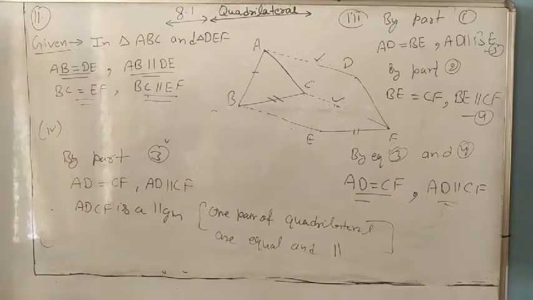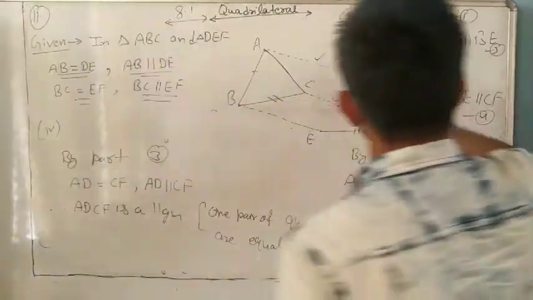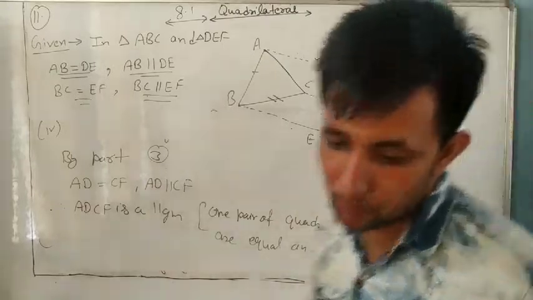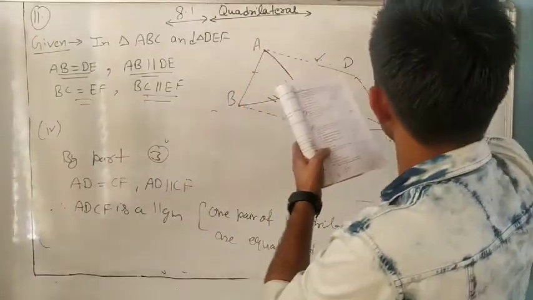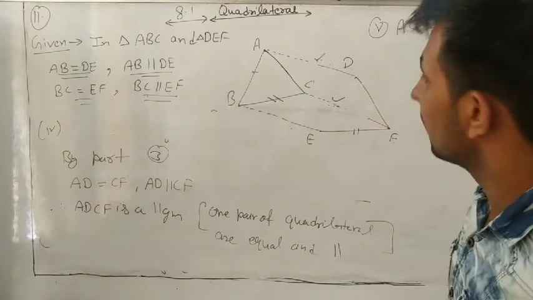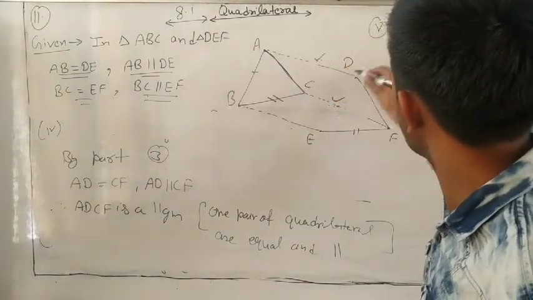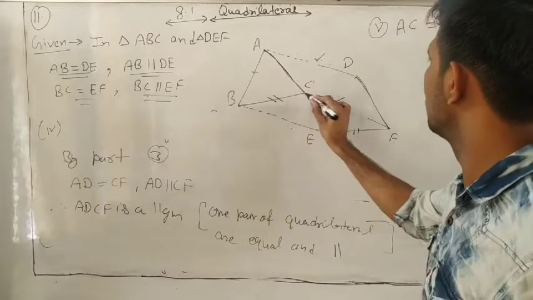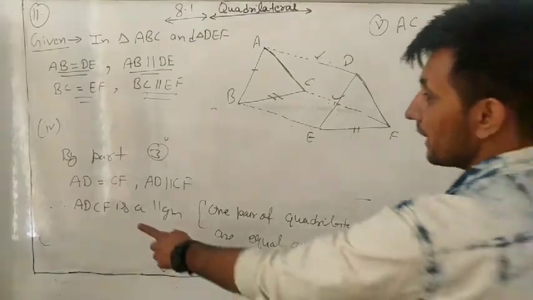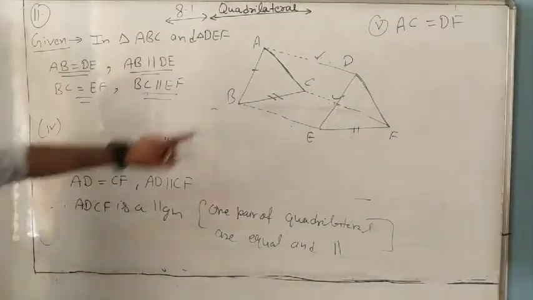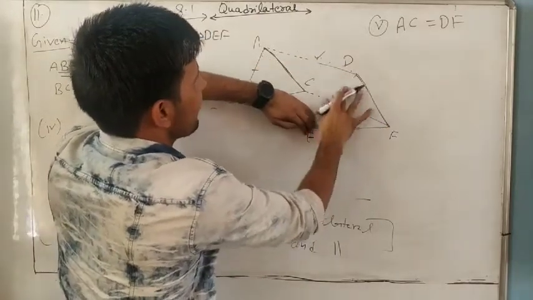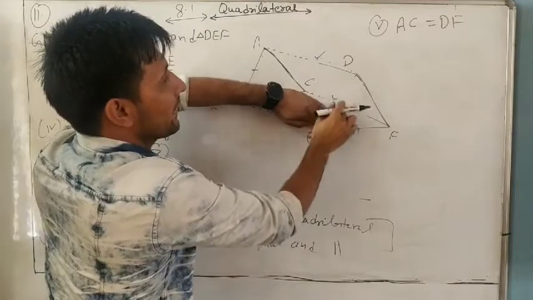Now the fifth part. In the fifth part, prove that AC equals DF. Where is AC? This one is AC, equal to DF. Are they equal or not? Yes, of course. Why not? Because in the fourth part we already proved that ACFD is a parallelogram. If it is a parallelogram, opposite sides are equal and parallel.